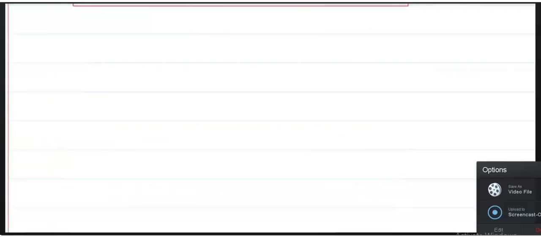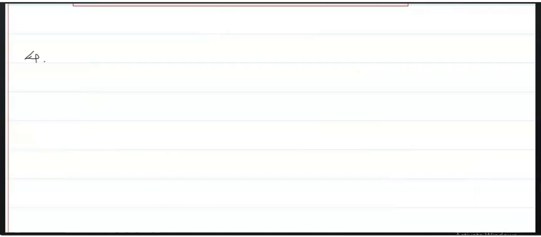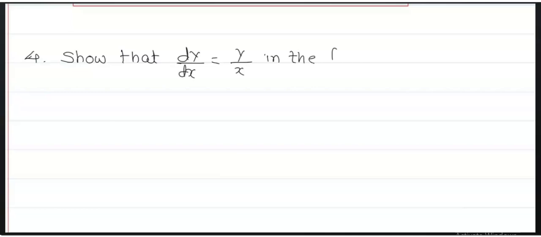Now the next examples. Question number 4. Show that dy by dx is equal to y upon x in the following, where a and p are the constants.